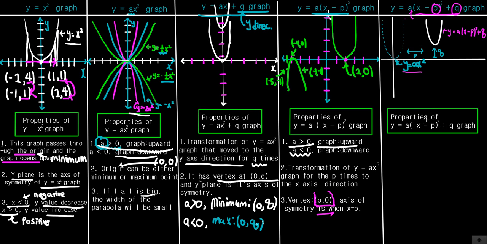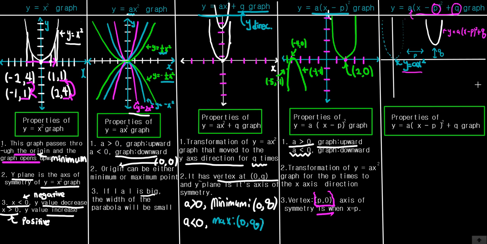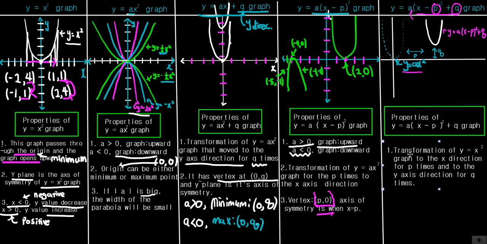But in terms of properties of the graph of y is equal to a times (x minus p) squared plus q, the first property is that it is a transformation of the y is equal to ax squared graph. And it is a transformation in the x direction for p times and in the y-axis direction for q times.